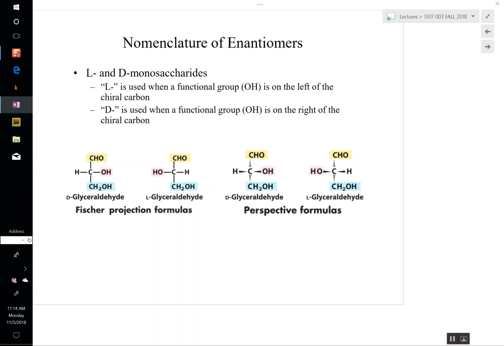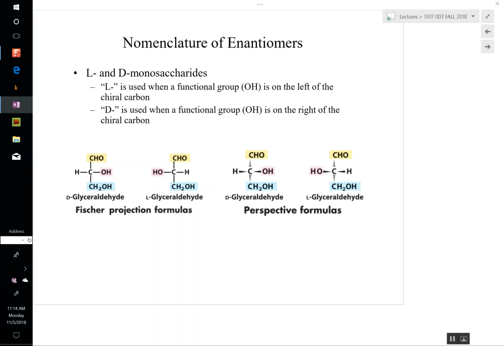And so what does that mean? That means that the OH on this chirocarbon, this is the only chirocarbon on glyceraldehyde. This is not chiral. It's got 2 hydrogens, an OH, and that. Because it has 2 things that are the same, it's not a chirocarbon.